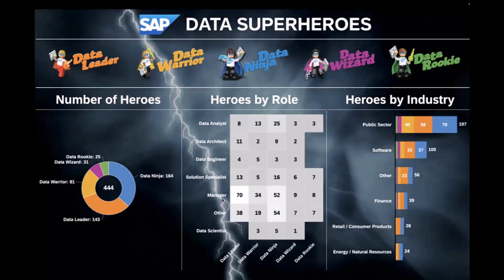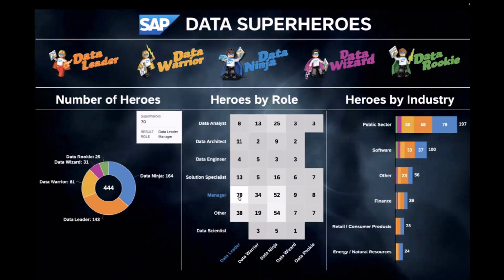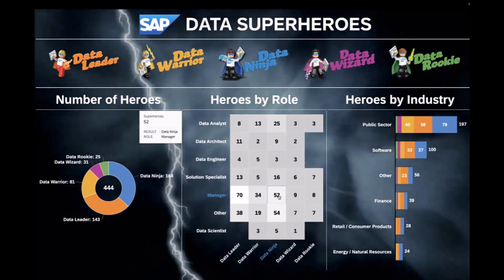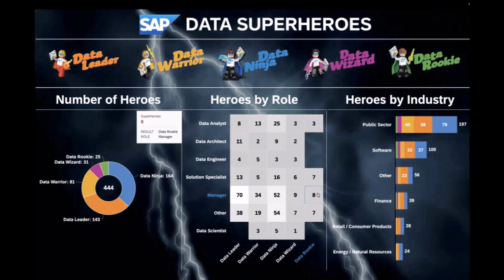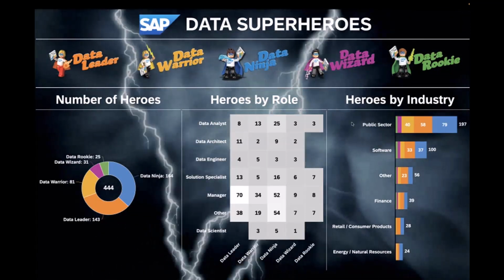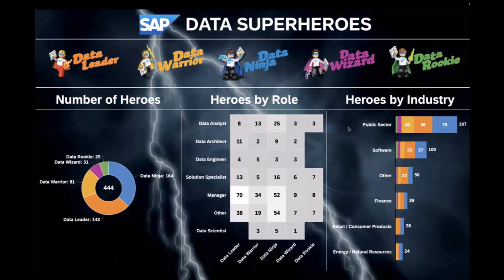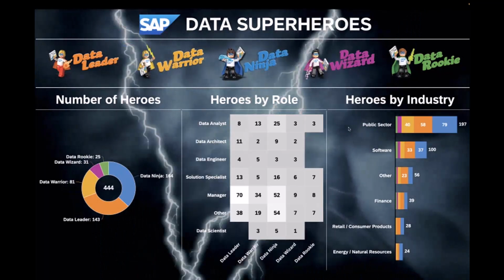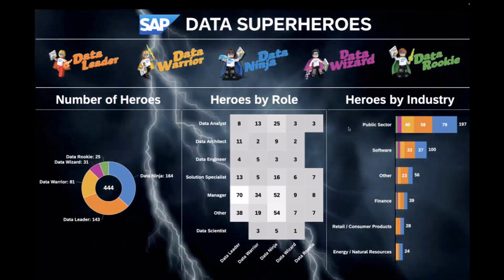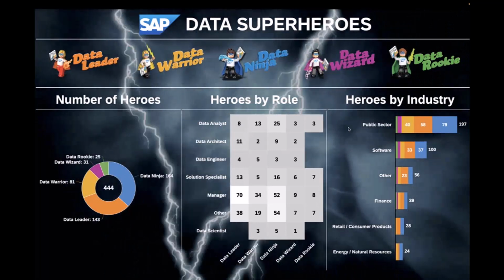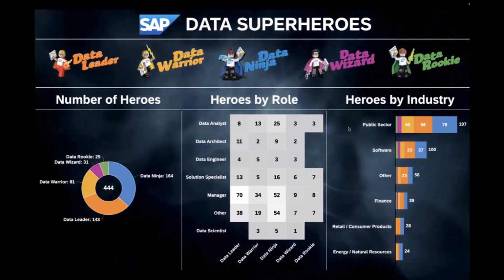But then also divvy that up and show a split by role, also by industry, to show how many people from the public sector are data leaders, warriors, or in general that there were a lot of public sector people at the event. Then also show it by individual role. There were a lot of managers, for example, that were data leaders. That was definitely the most represented type. And then show that as individual visualizations as well.